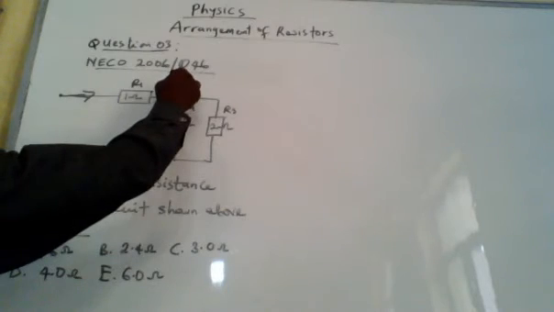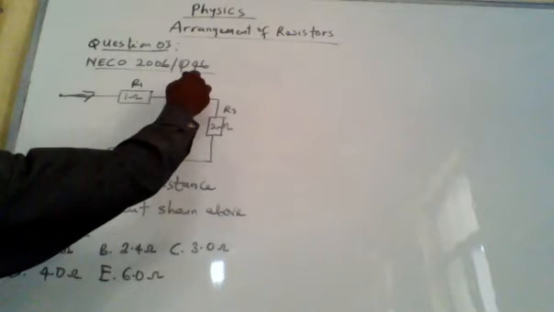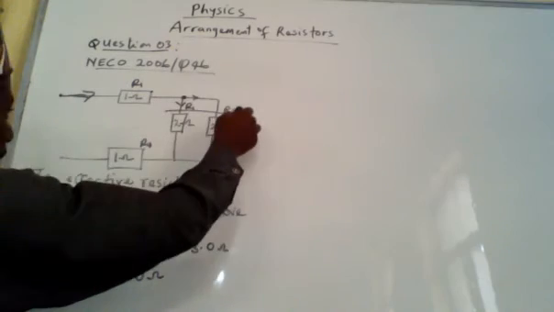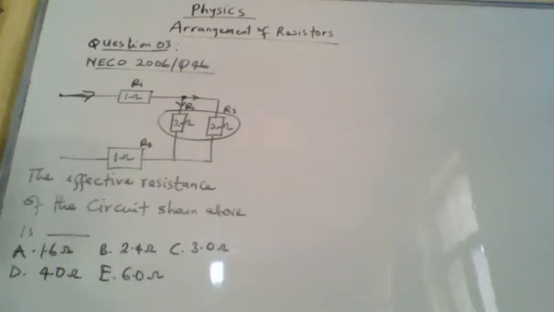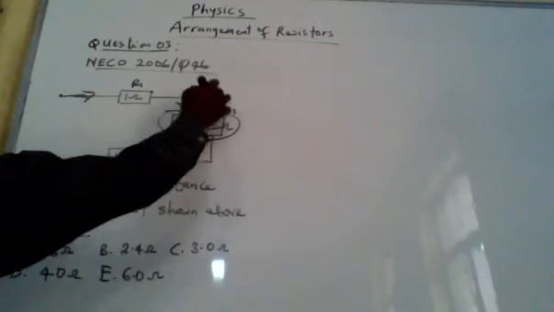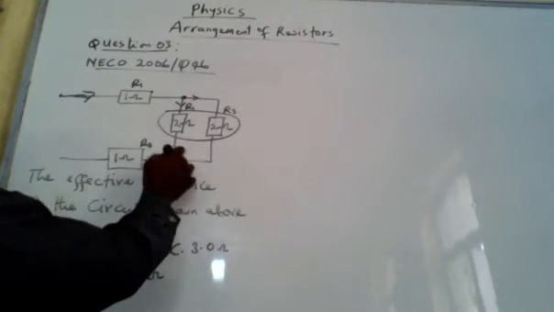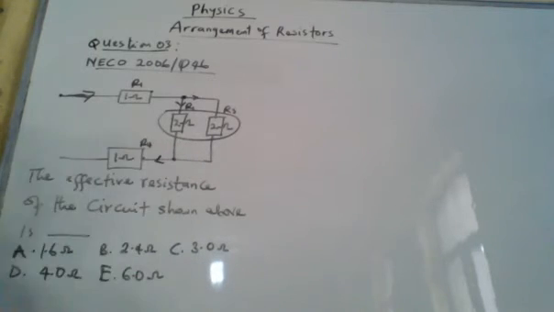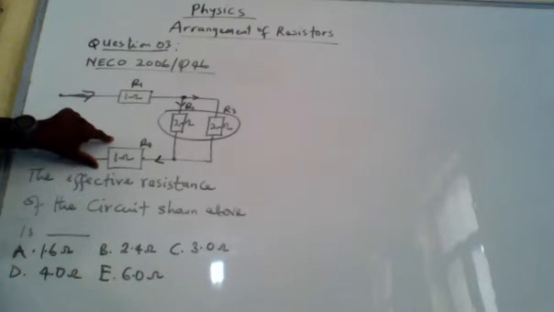And then when the current gets to this junction, it's split into two. Therefore, R2 and R3 are parallel. If R2 and R3 are parallel, then the current will come and combine here again and continue the journey and come as a whole here and enter into R4. That makes R4 in series.